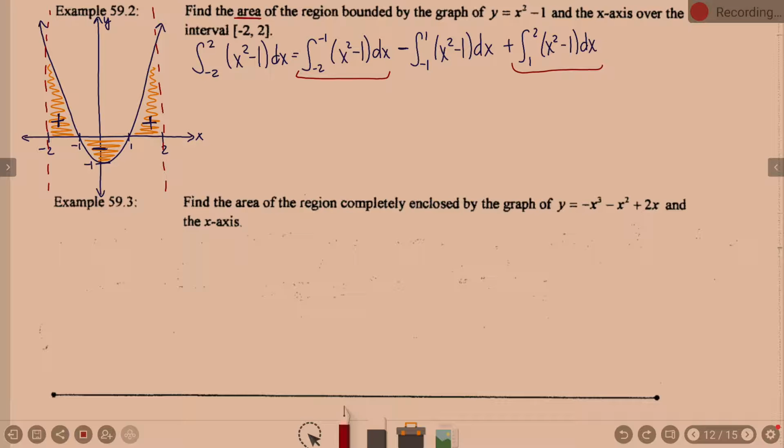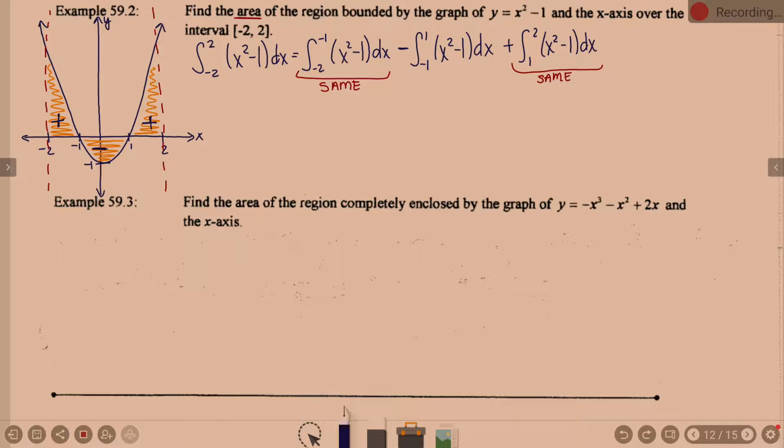Yes, those are symmetric pieces. And so since those are symmetric pieces, they're going to have the same value, which means if they have that same value, we can say 2 times one of them. Now, if we're going to say 2 times one of them, does it matter which we use?